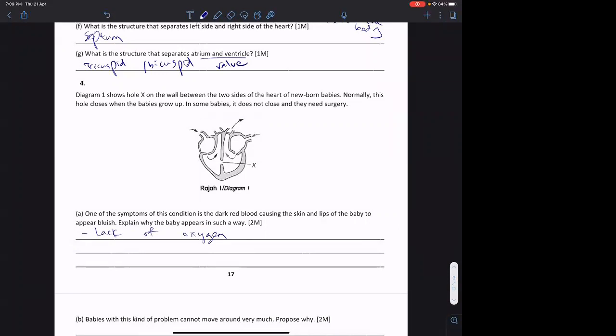So it's the lack of oxygen. In Malay, kekurangan oxygen. What causes the lack of oxygen? This is due to the mixing of oxygenated and deoxygenated blood.